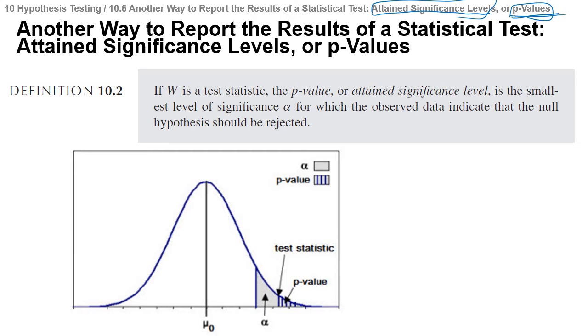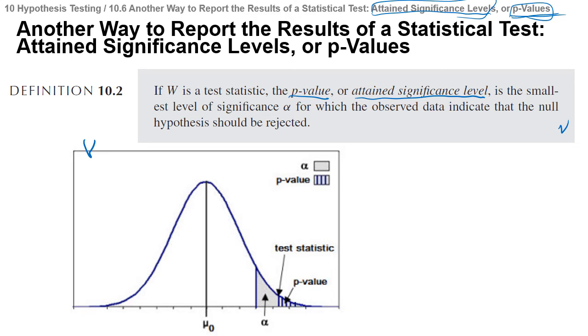If W is a test statistic, the p-value or attained significance level is the smallest level of significance alpha for which the observed data indicate that the null hypothesis should be rejected. And actually, what it means is this.